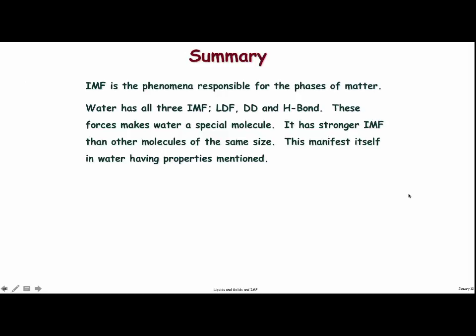Hydrogen bonding. Well, if it's got hydrogen bonding, it's also polar, so it has dipole-dipole. It also has electrons, so it has London dispersion force. But what makes hydrogen bonding unique is that hydrogen is directly bonded to an electronegative element. And so when you see this, you can check off that that chemical also has hydrogen bonding intermolecular force.